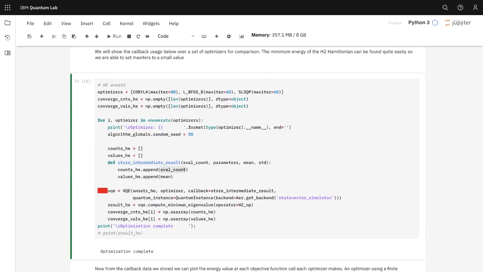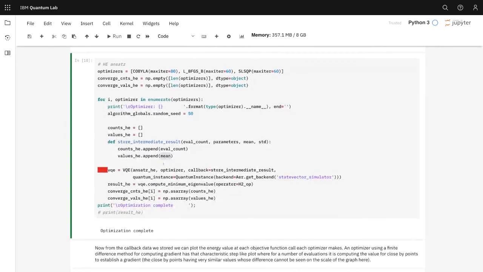We're going to store the number of evaluations and the average energy. It can also give you the standard deviation of the energy, but in this case we don't need it because we're using the state vector simulator that always gives you the same results, because it works by multiplying matrices.